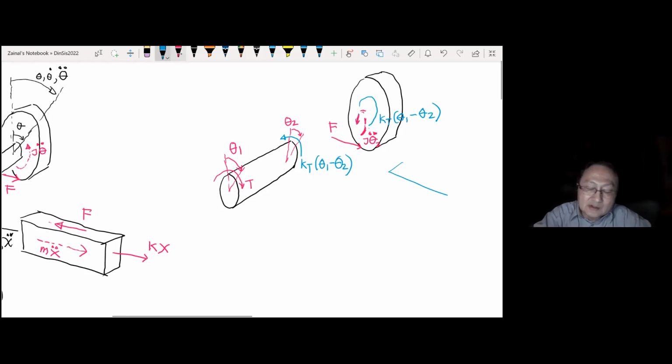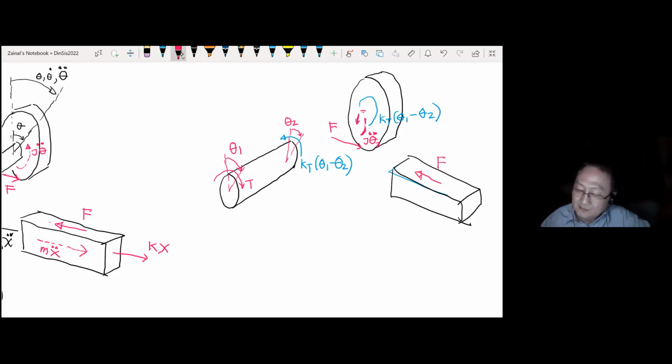Of course, you have something like this one. In this direction you have F. And this one is M X double dot, and this one is KX.